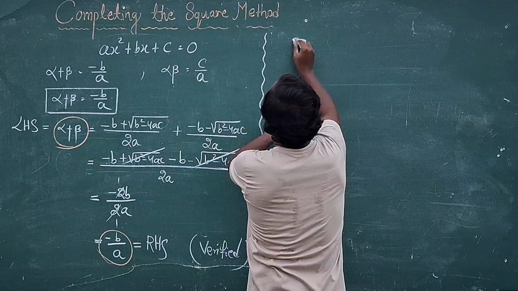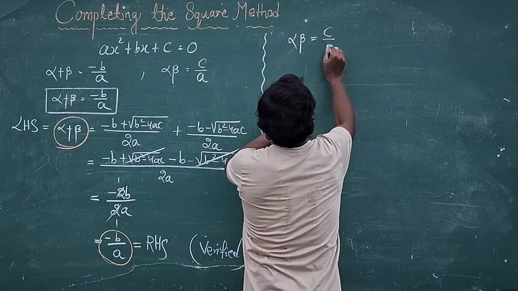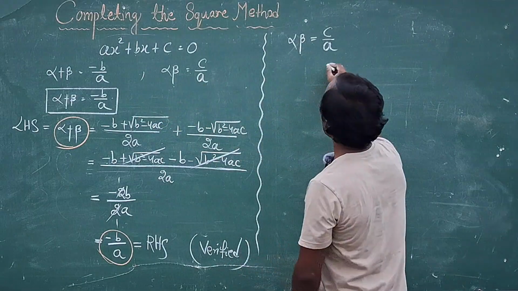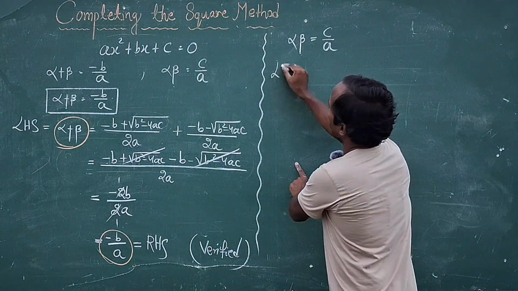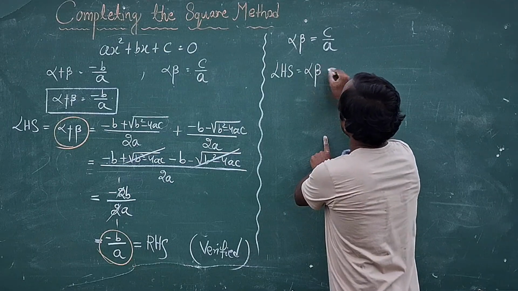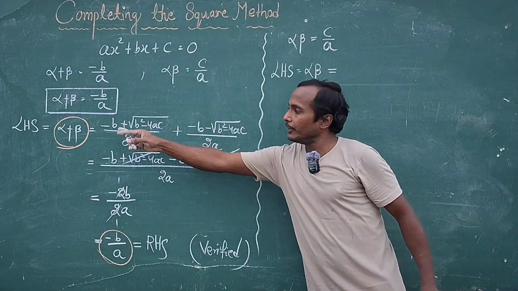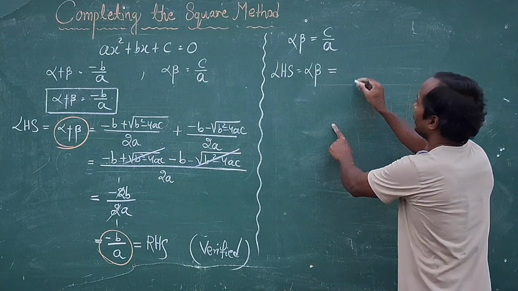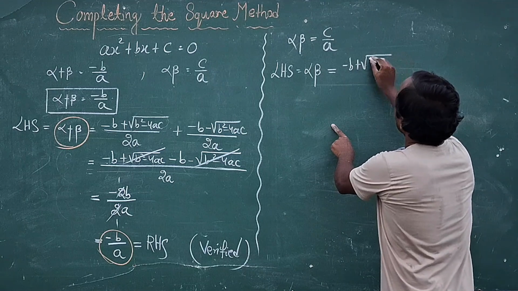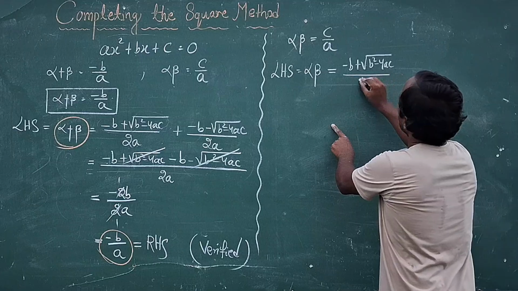Second relation says that alpha into beta is equal to c by a, or product rule. This is sum rule, this is product rule. Let's start with left hand side. Left hand side is alpha beta. What was alpha? Alpha was minus b plus square root of b square minus 4ac by 2a.